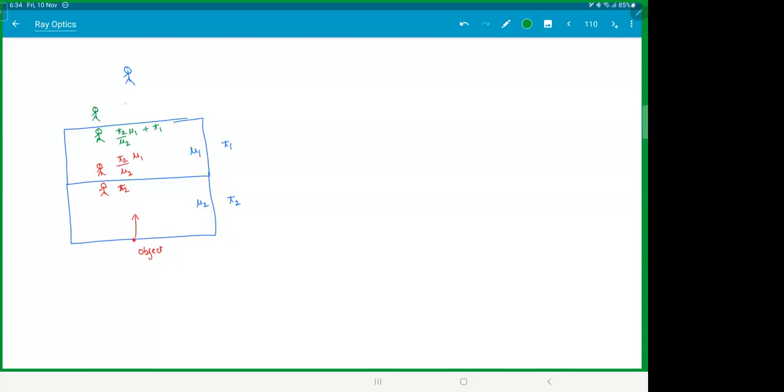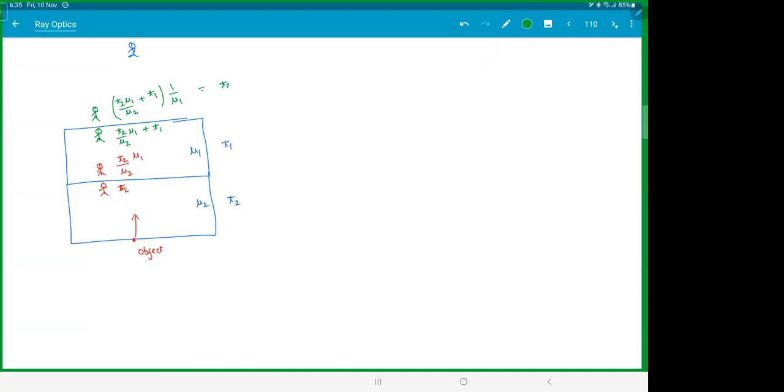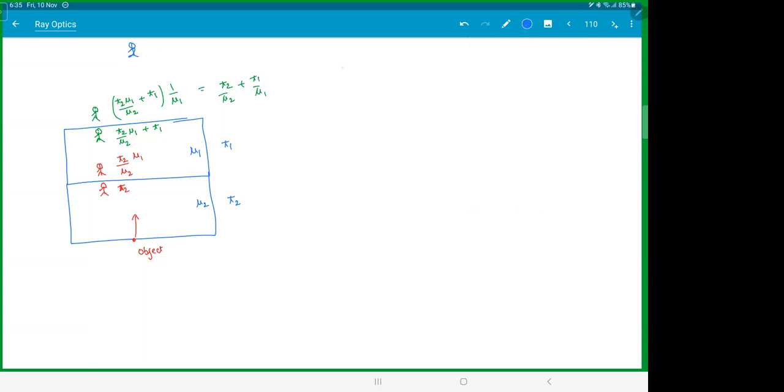If you go out, again, the formula will be whatever this guy is seeing, T2 mu1 by mu2, whole by mu of the object, that is 1 by mu1. This thing turns out to be just multiply T2 by mu2 plus T1 by mu1. So this is the answer. So this guy will see.